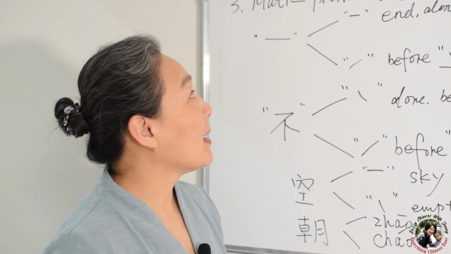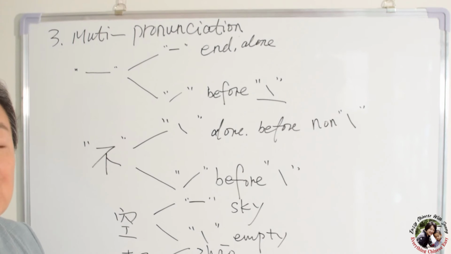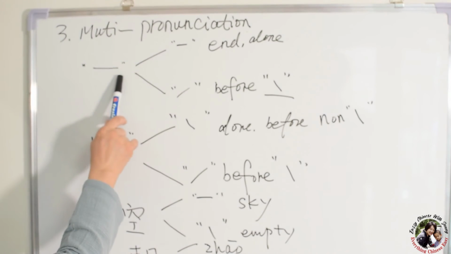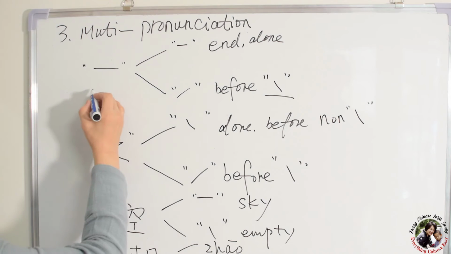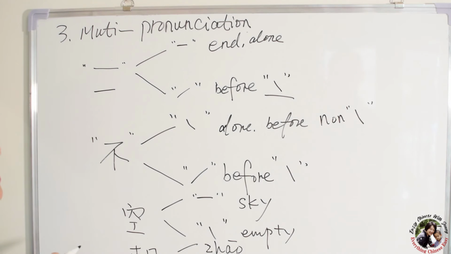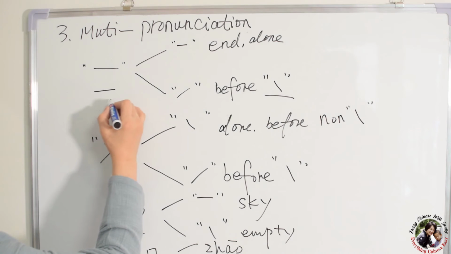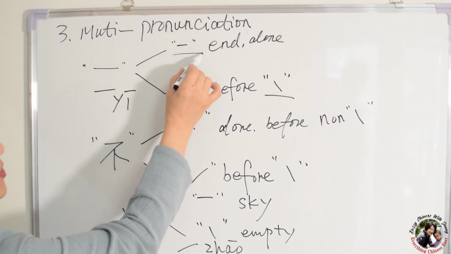So next one, there are some characters that have multiple pronunciations. I'll give you a few examples. For example, this one means one. Remember, number one, just one stroke, right, like this. But itself, when it's pronounced alone, it is yī, first tone.